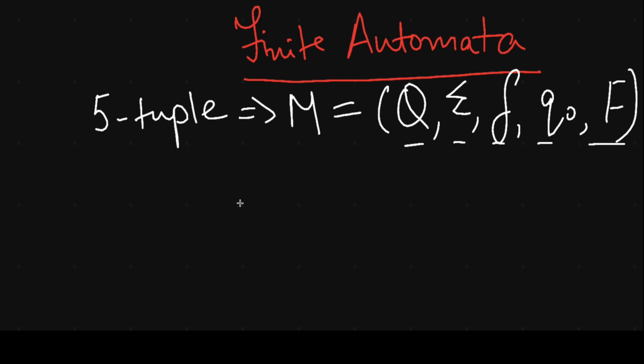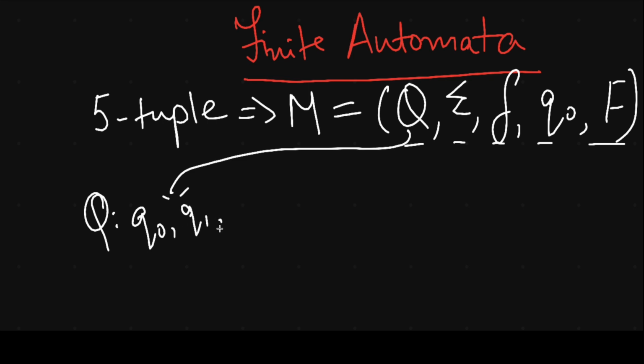So what is Q? Q is a non-empty finite set of states present in the finite control, for example q0, q1, q2 and so on.